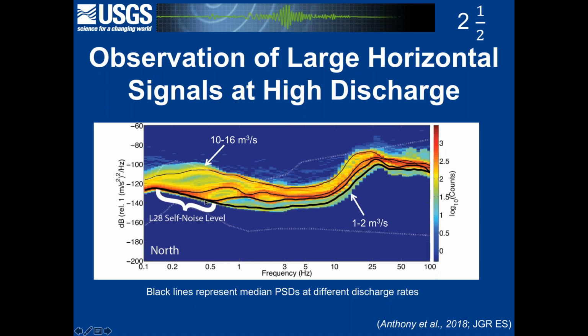You can't make any observations, even of these tilt signals, at low discharge rates, because you're limited completely by the self-noise of the geophone. So you're only able to record energy in this frequency band at the highest levels of discharge in the river. This is an example of why self-noise of the instruments needs to be taken into account and how it can impact your ability to make observations.